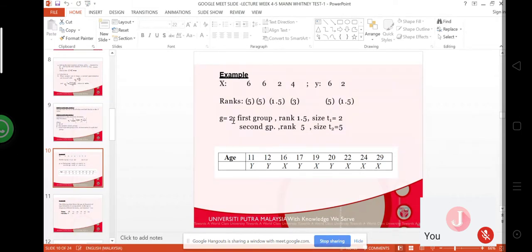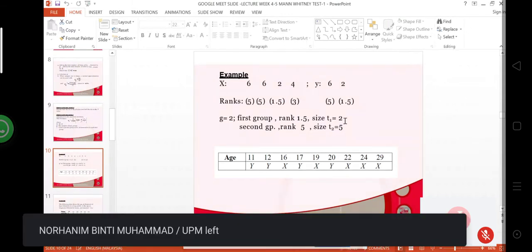What is the first group? The smallest one, 2, 2, where the rank is 1.5. The smallest one, 2, appears 2 times. That's why the size t1 equals 2.